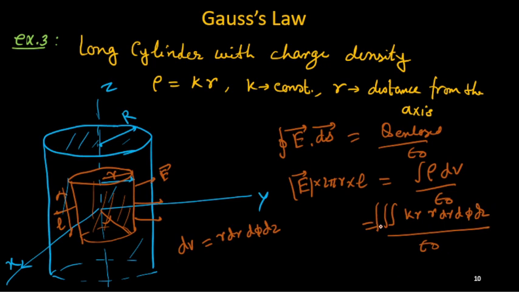So z is the length, that is small l, and the integration of phi is independent of r, and total phi is 2 pi. So these two will be outside, k is constant outside, and total dz is nothing but the total length l, and total d phi is your 2 pi. And now this integral, what is the integral? The integral is r square, this r into r is r square, dr from 0 to r, and this is by epsilon naught.